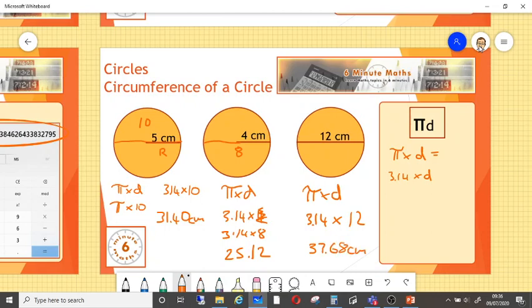No squared, it's just one number. That's centimetres, and that's centimetres. So pi times diameter, 3.14 times the diameter will give you the value you need to find your circumference.